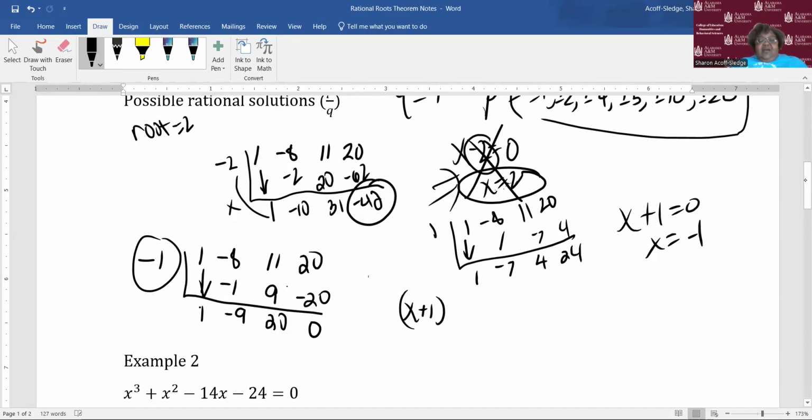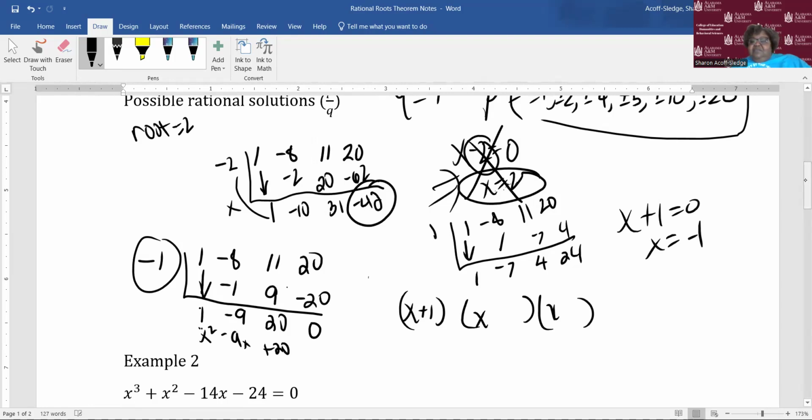So we started out with a polynomial to the degree of 3. So this is going to be our x squared term here. So we got x squared minus 9x plus 20. Now we can factor that to x and x, factors of 20 that add up to -9.